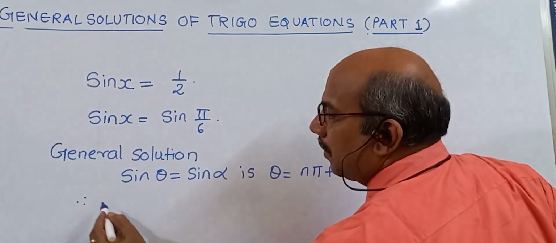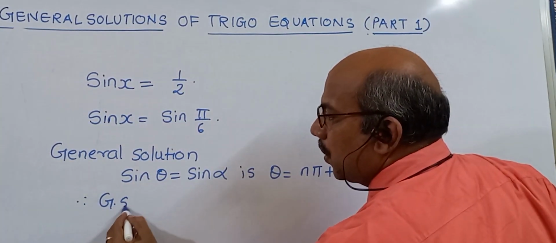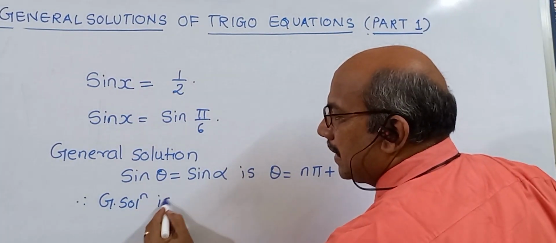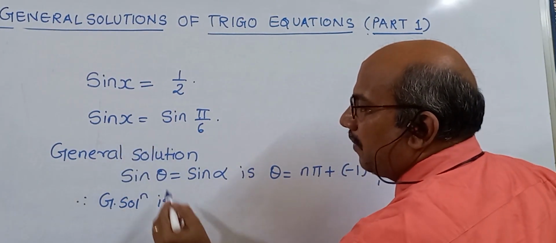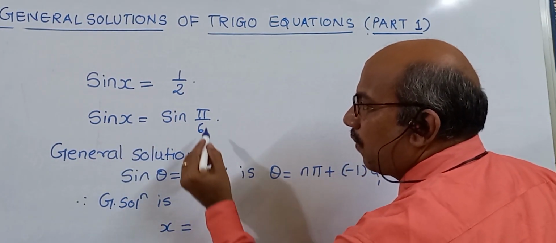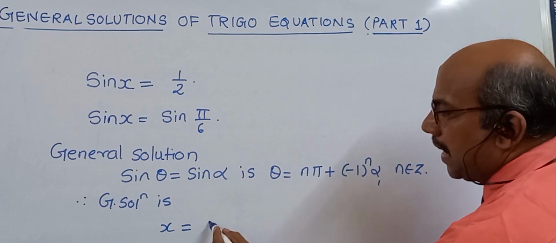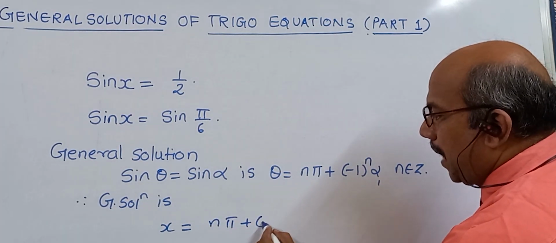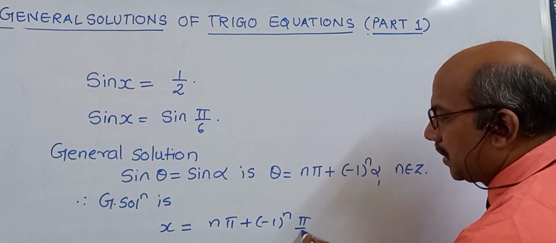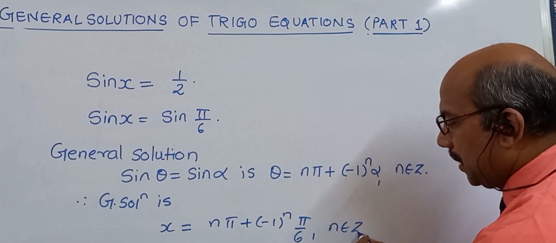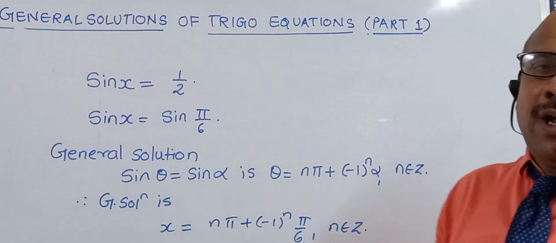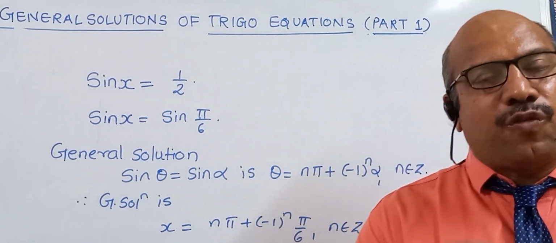So therefore, the general solution is, in place of theta we have x, in place of alpha we have pi by 6. x equal to n pi plus minus 1 raised to n pi by 6, n belongs to the set of integers. This is the way of writing. Again, this sum will come for 2 marks.